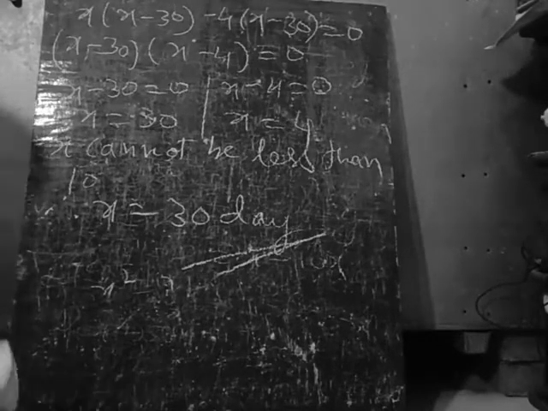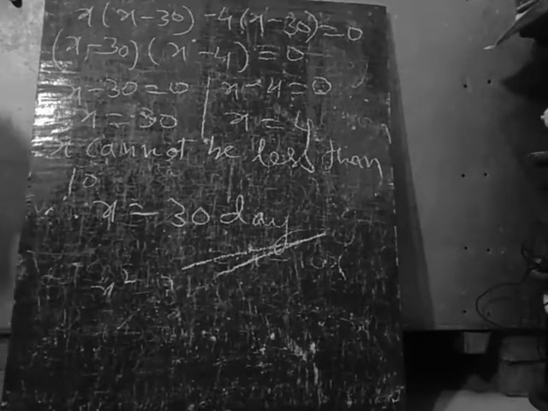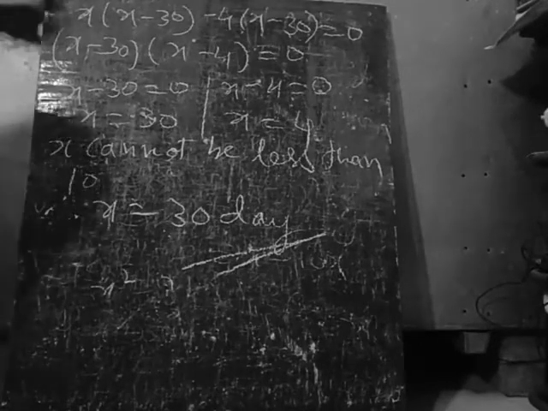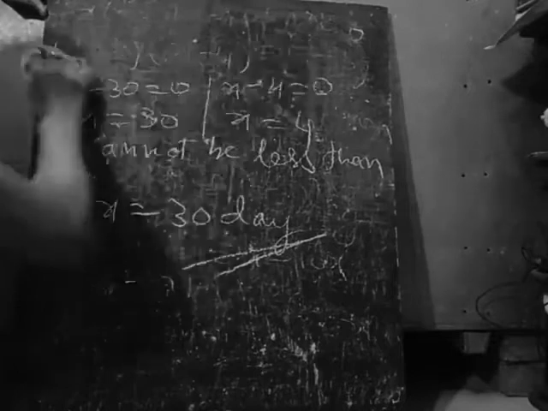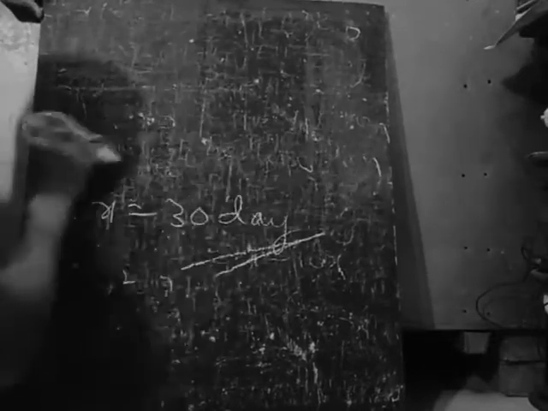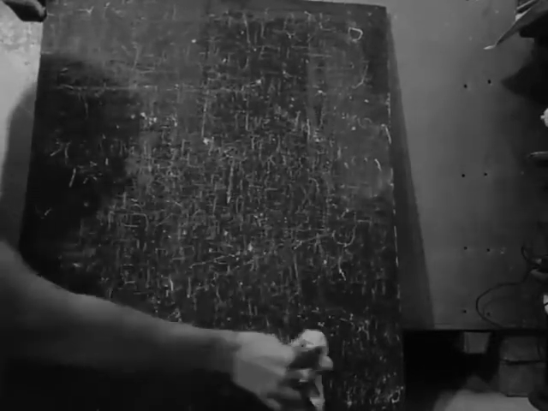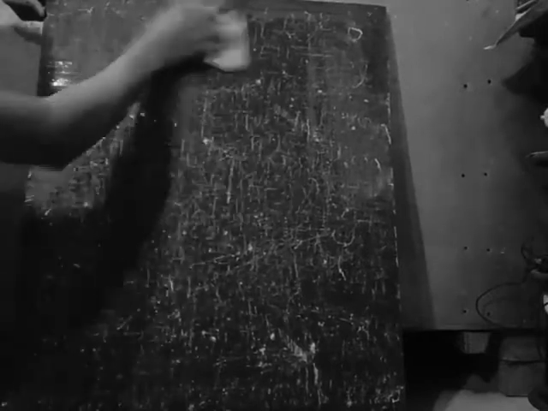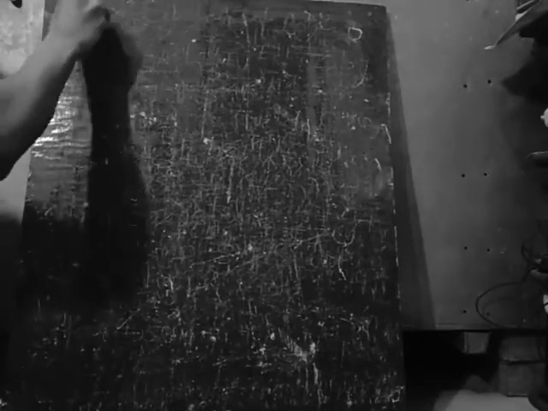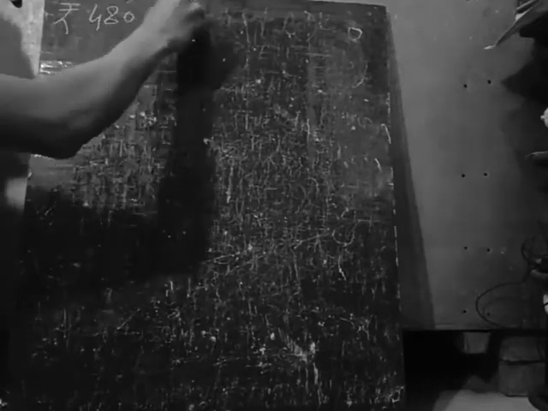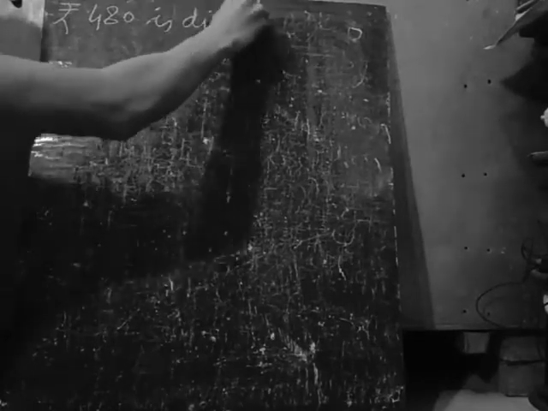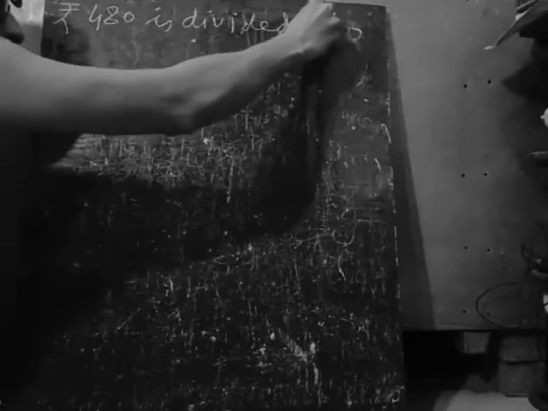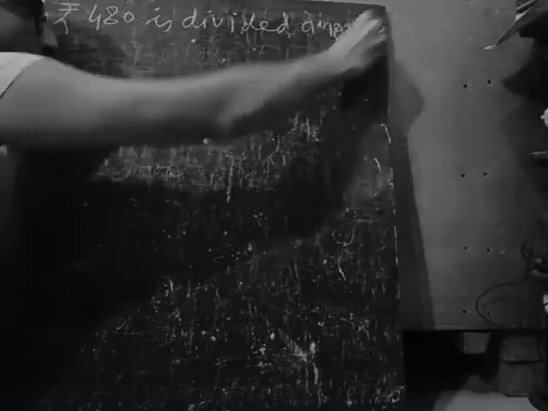Now, see one more question. Rupees 480 is divided equally among x children.